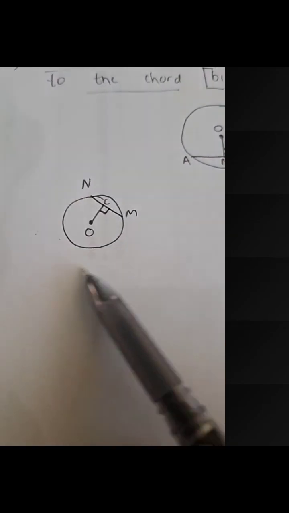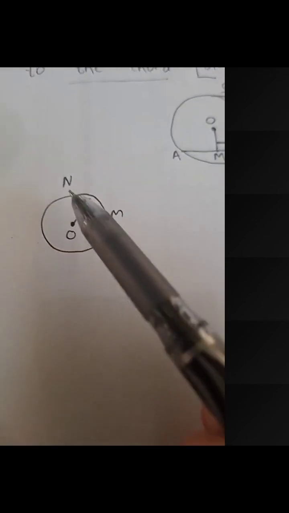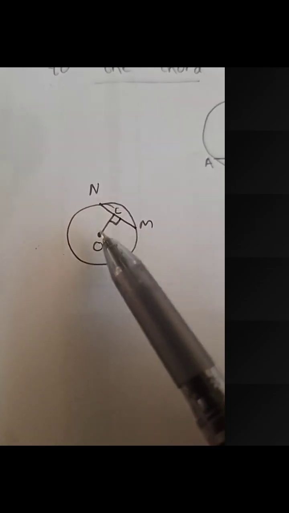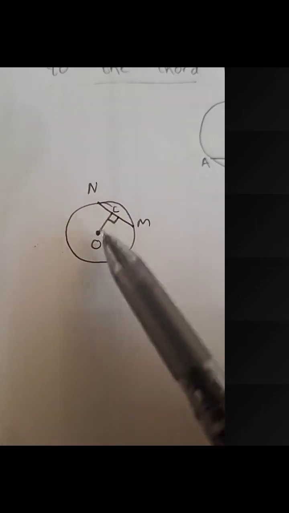Please don't mind my romantic circle. This is a circle, right? Please, let's just imagine it is, because this is freehand. NM is a chord. OC is a line from the center. And what do we know about this line OC from the center to the chord? It is perpendicular to the chord.